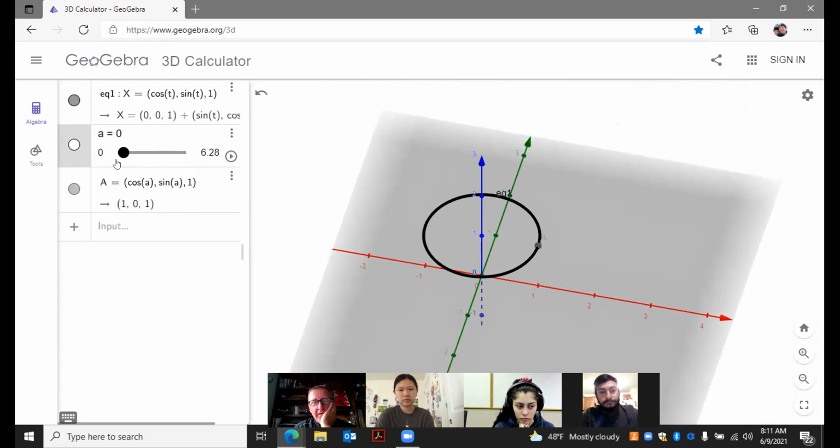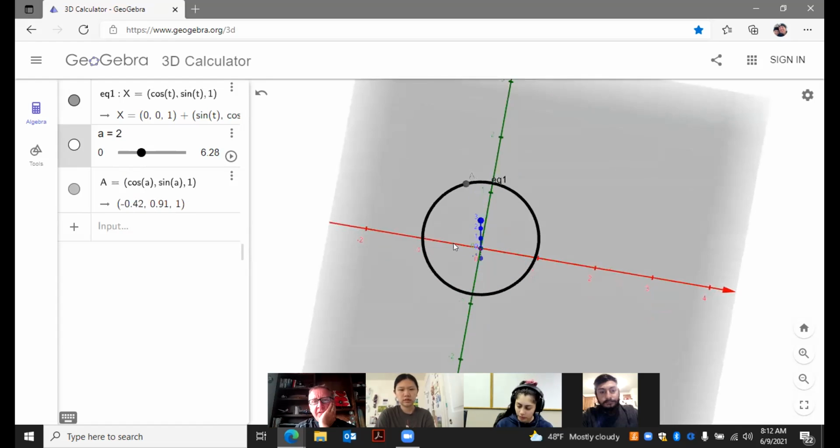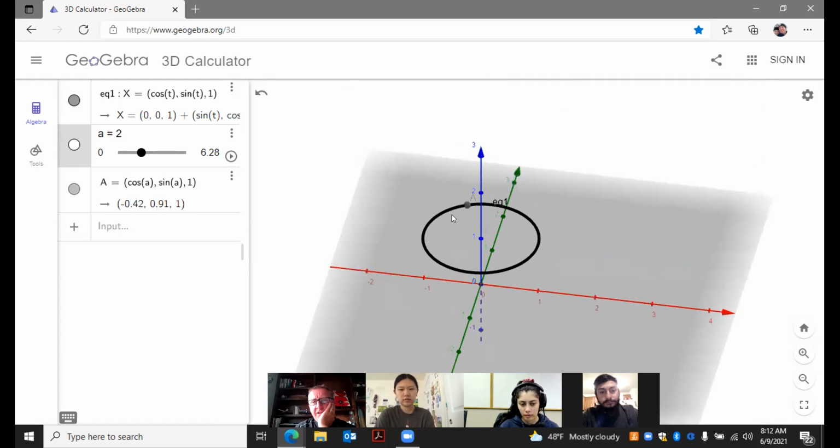So it'll be that same point right there, but then the z coordinate will be 0. Well, when I move to right here, that point's still right there, except the z coordinate is now 0.5. And then the z coordinate is 1. And then the z coordinate is 2. In other words, that point is still on the circle, but do you see how its z coordinate is actually growing, growing, growing?